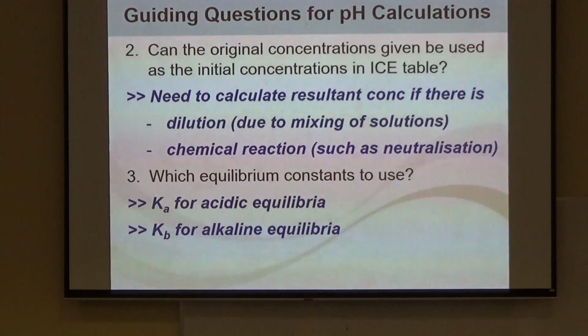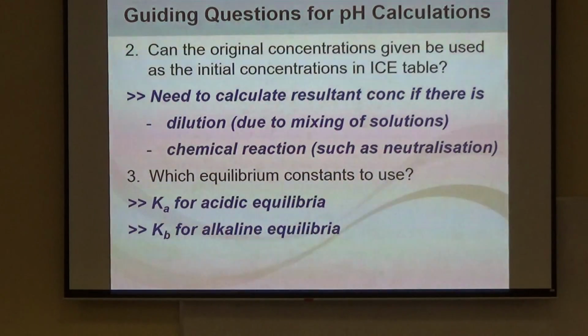If you think that it's going to be alkaline and produce OH-, you need to find the Kb. I use the word produce quite specifically. If it's a weak acid, very straightforward, use Ka. If it's a weak base, use Kb.